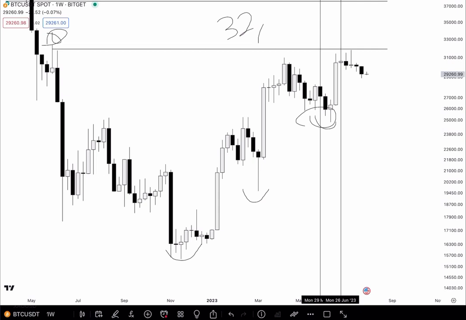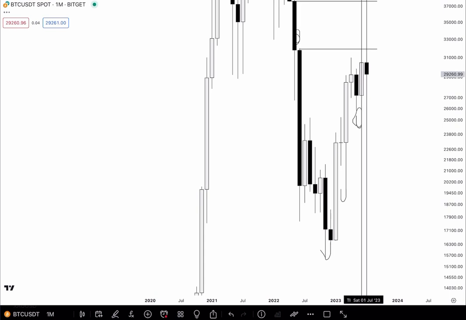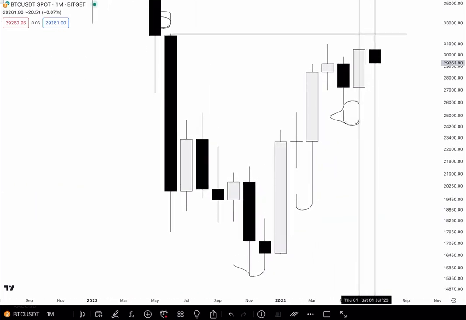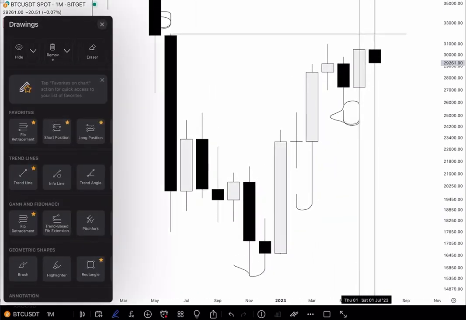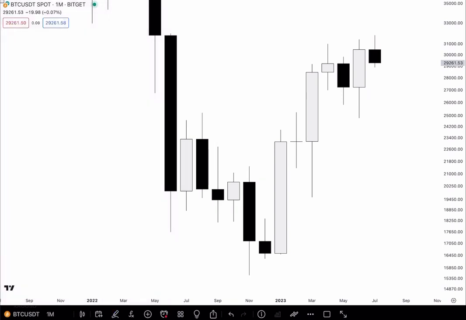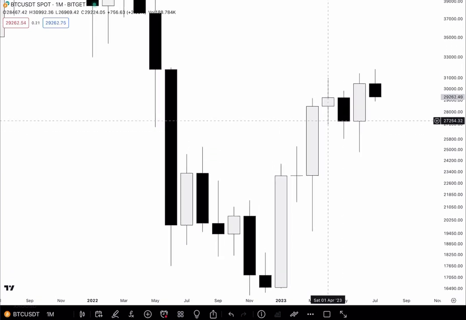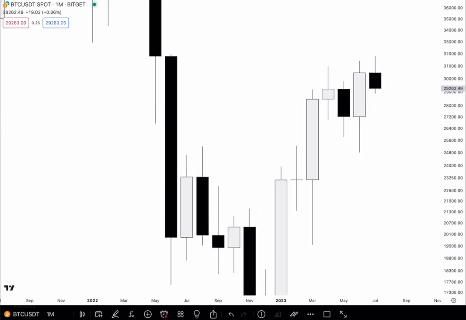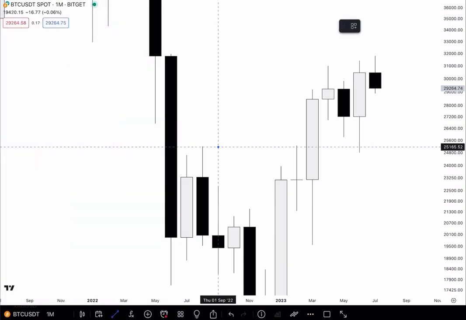So, keeping the higher time frame draw liquidity in mind, we have opened a new candle on the monthly, right? And the previous month's candle has engulfed the month before it candle, right? But it never closed below the low.